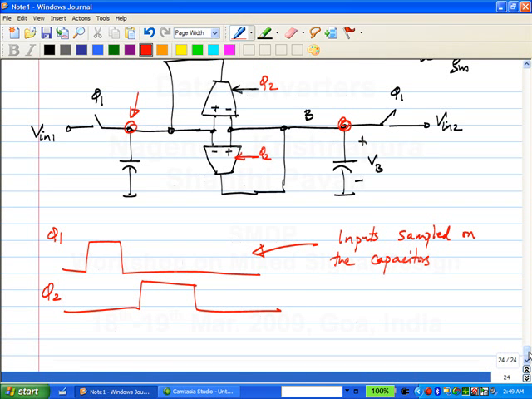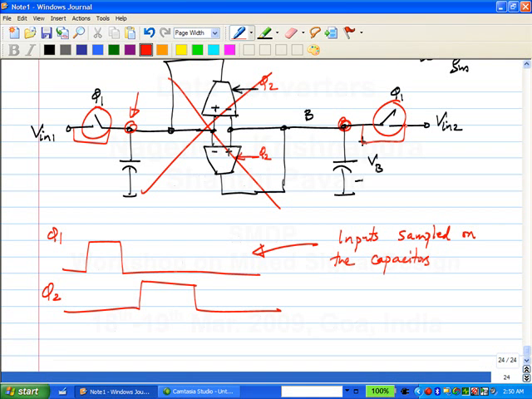One thing one could argue is that if the input voltages are ideal voltage sources, right, if V in 1 and V in 2 are ideal and these switches here have zero resistance, then once phi 2 goes off, these guys are dead. Correct? And all that has happened is that this switch is shorted, this switch also is shorted, and V in 1 appears directly across the capacitor, V in 2 appears across the second capacitor.